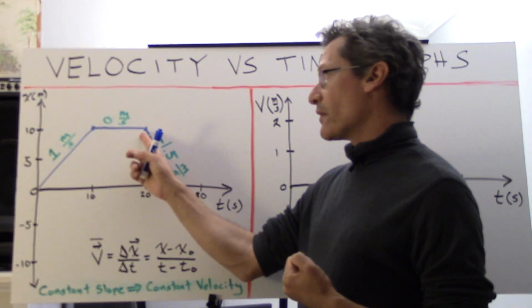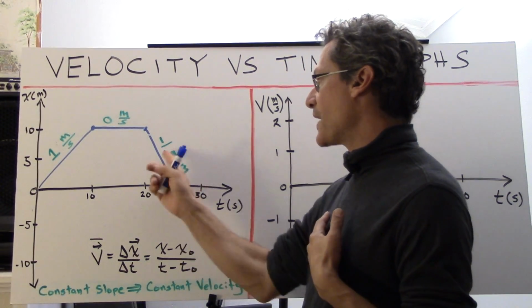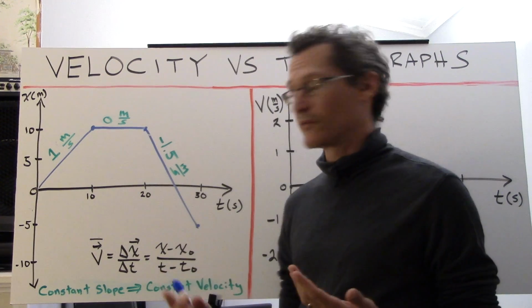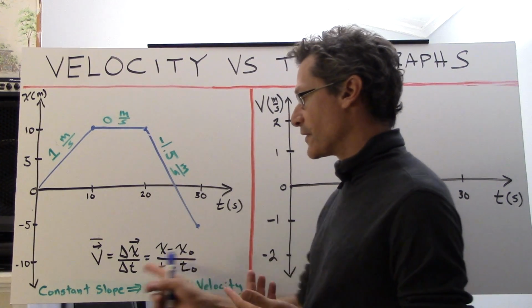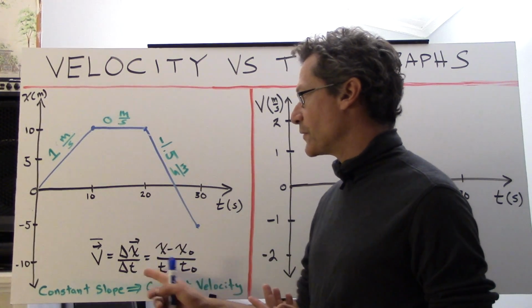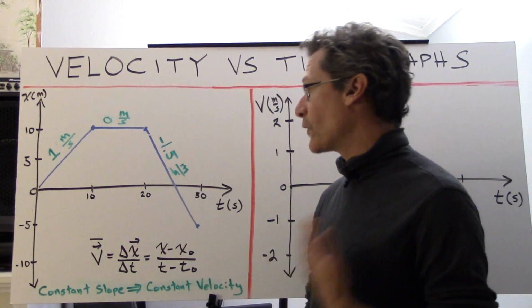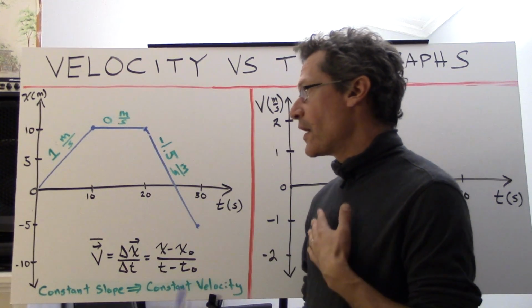And during this leg of the motion here, we have negative 1.5 meters per second velocity. Again, by applying this same definition for velocity, change in displacement over change in time. It's exactly what I did, same technique, and it's negative 1.5 meters per second.